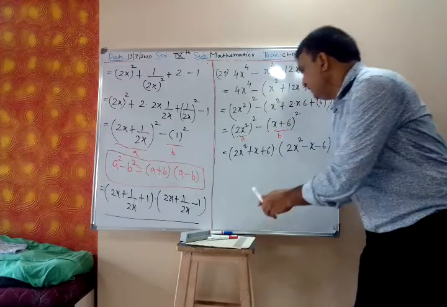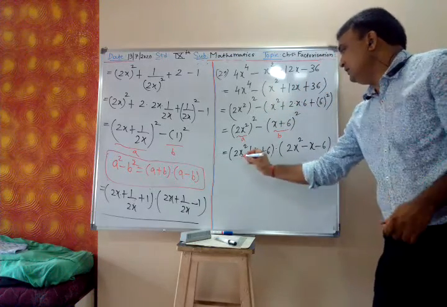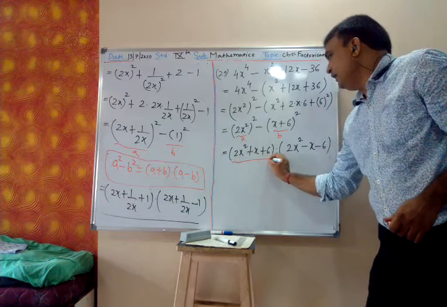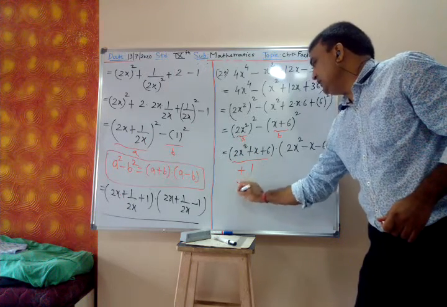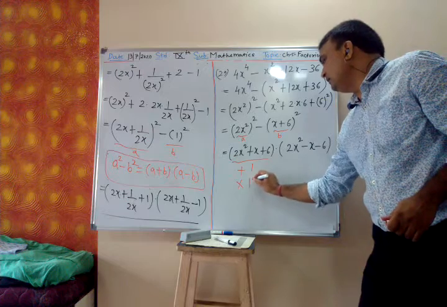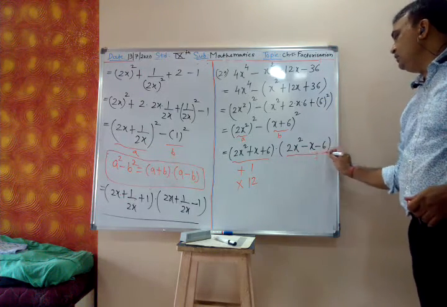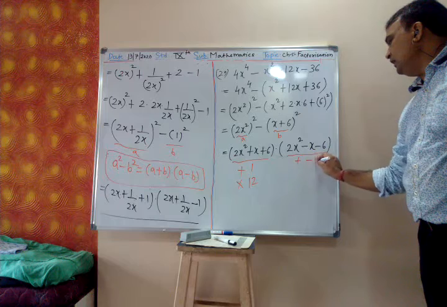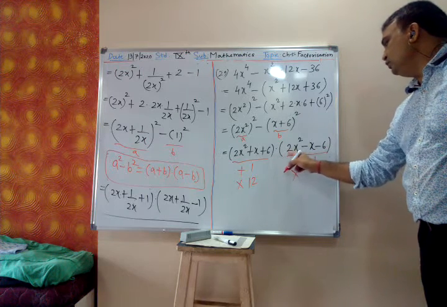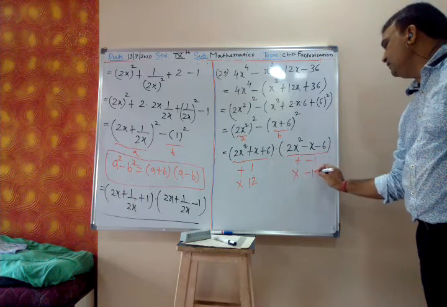So you have to find two numbers. For the first one, find two numbers whose addition is plus 1 and multiplication is 2 into 6, 12. In this, find two numbers whose addition is minus 1 and multiplication is 2 into minus 6, minus 12.